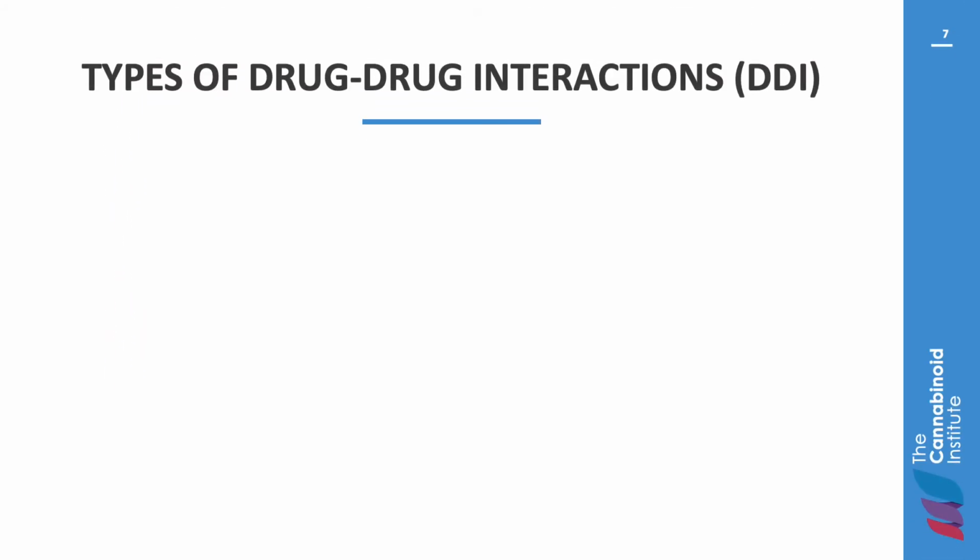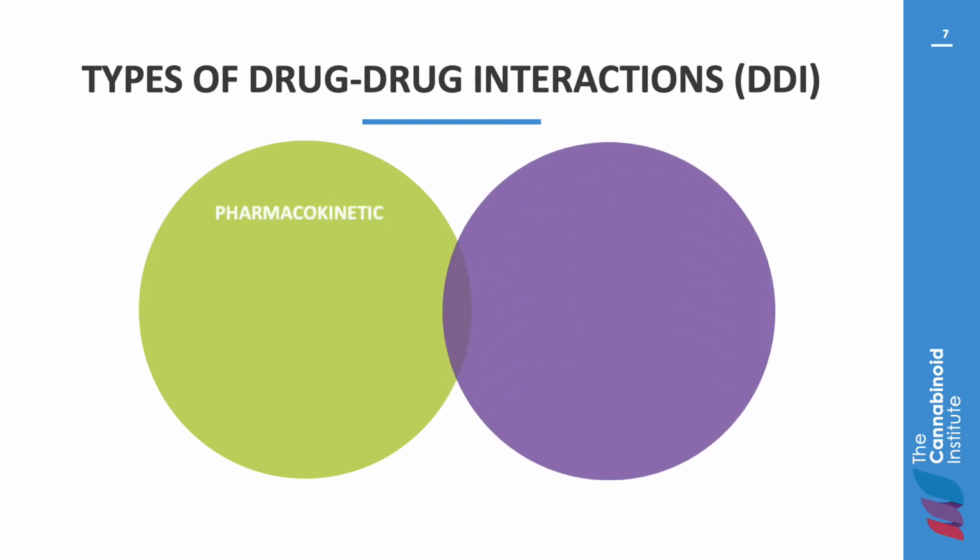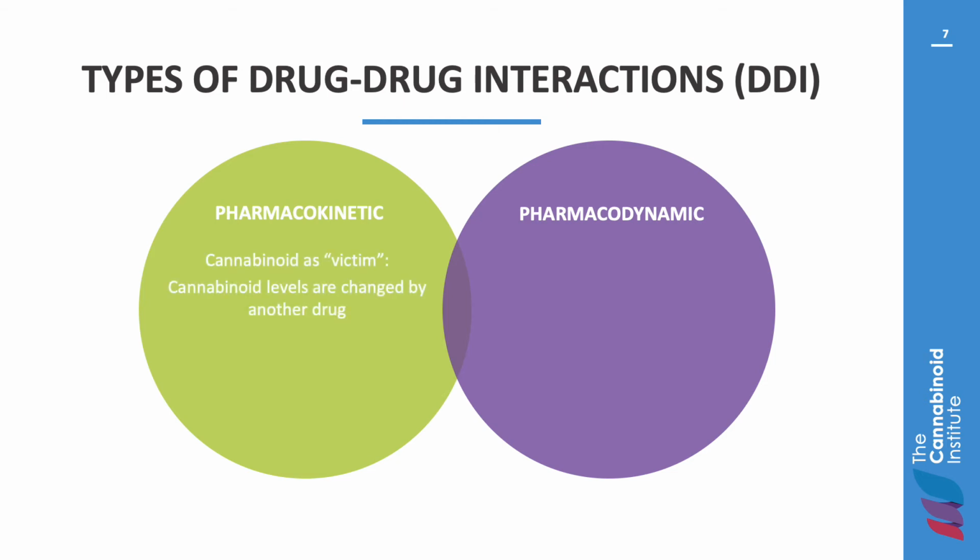When evaluating cannabis for drug-drug interactions, both pharmacokinetic and pharmacodynamic effects must be considered. Pharmacokinetic effects include cannabis acting as a victim, where cannabinoid levels are changed by the presence of another medication, or cannabinoids acting as a perpetrator, where the cannabinoid causes the change in levels of another medication.